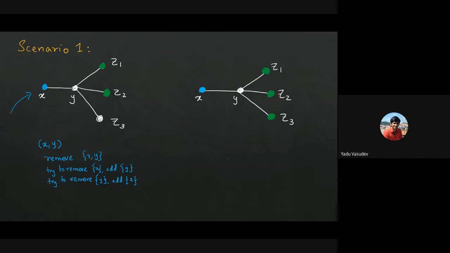Okay. What if you consider this edge? That is one possibility. And what about this edge? Can it increase d_{t+1}?